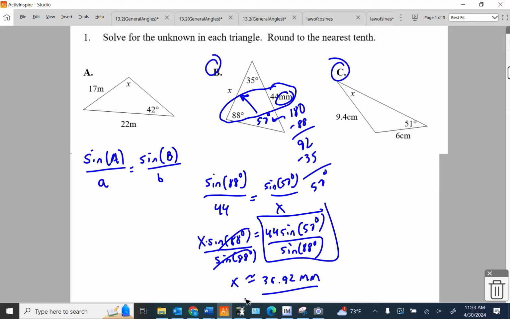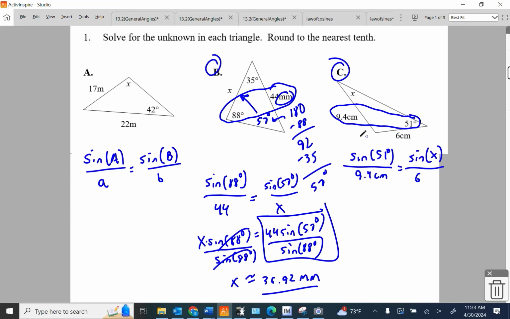So it's not hard. Now, C is going to be a little harder than B because C is talking about an angle. And here's my pair that's given. The sine of 51 degrees compares to 9.4 centimeters, as the sine of x, the unknown, compares to 6.